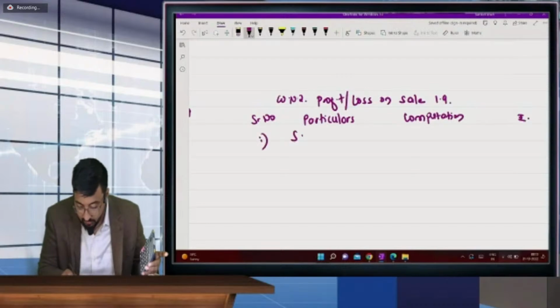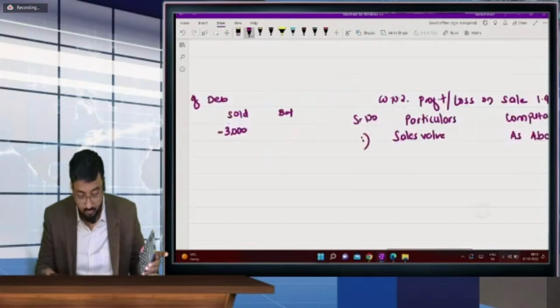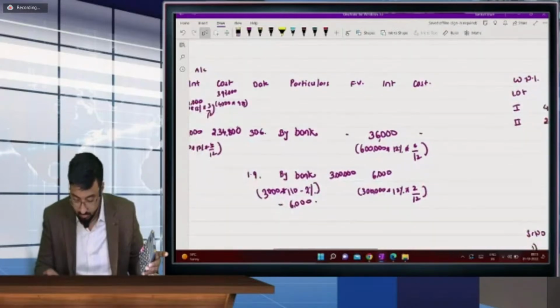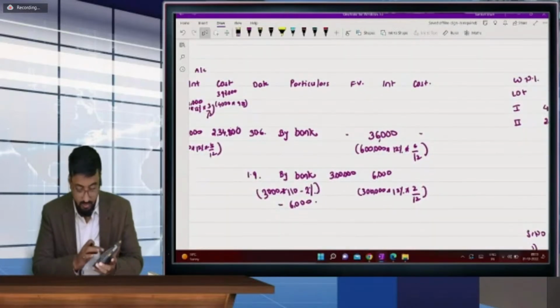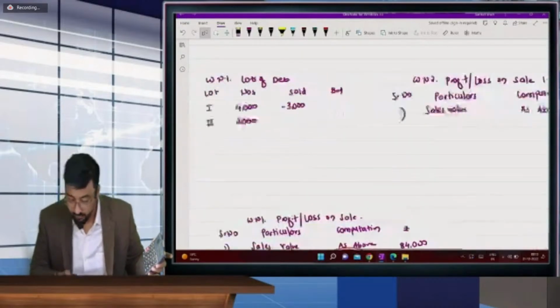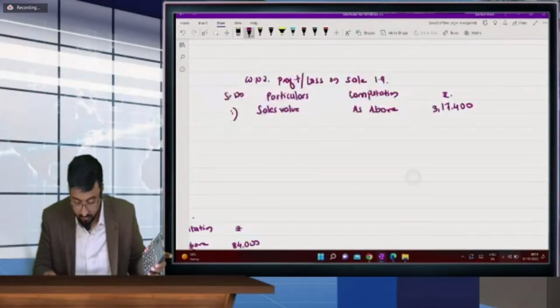Roman 1 sales value. As above. Okay. 3,17,400. 3,17,400.